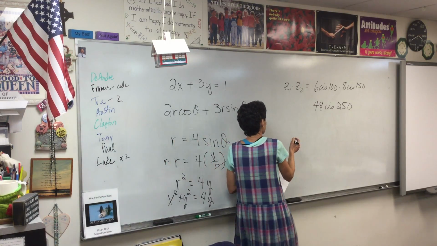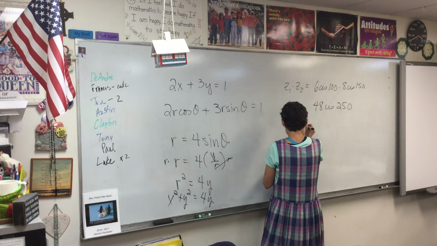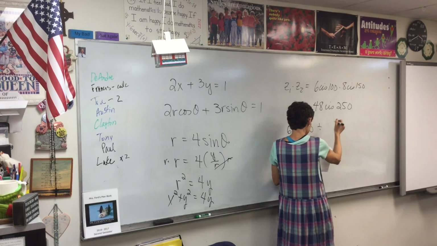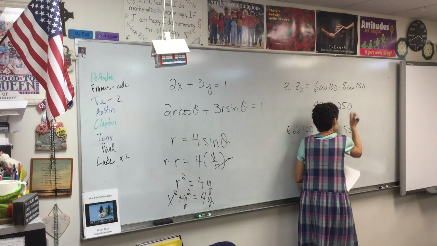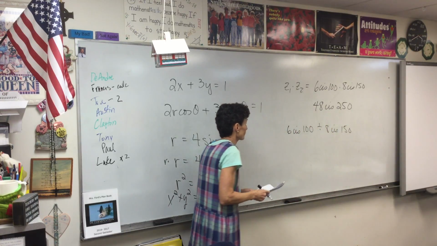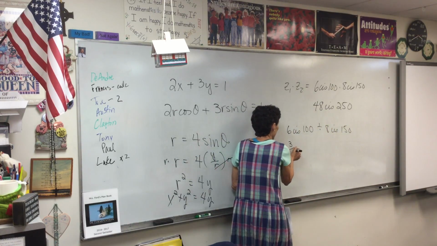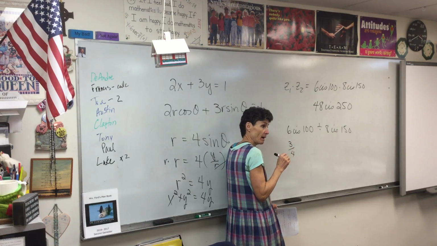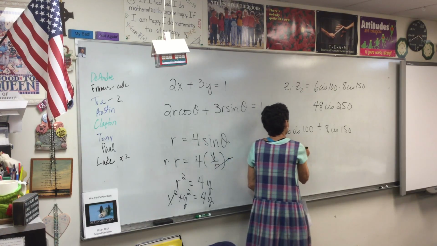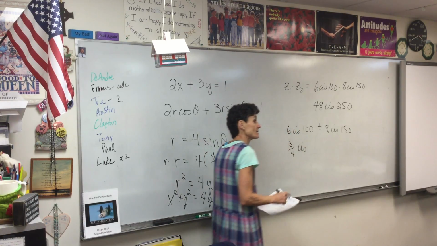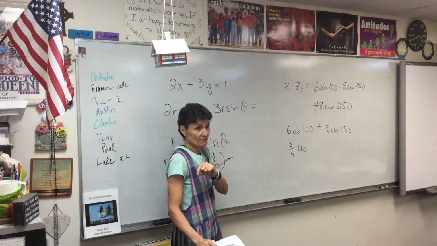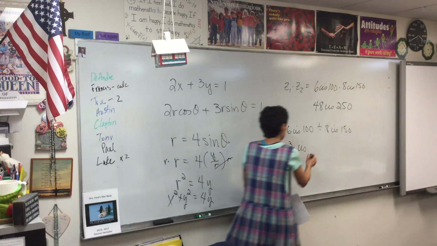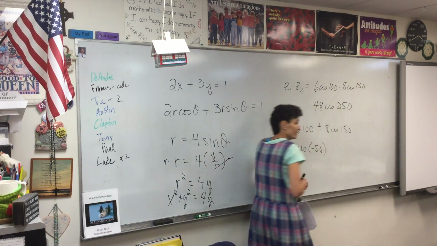Now, what if I'm doing a division? 6 CIS 100 divided by 8 CIS 150. 3/4 CIS, so 3/4, that's 6 divided by 8. And then CIS 100 minus 150, which would be negative 50.